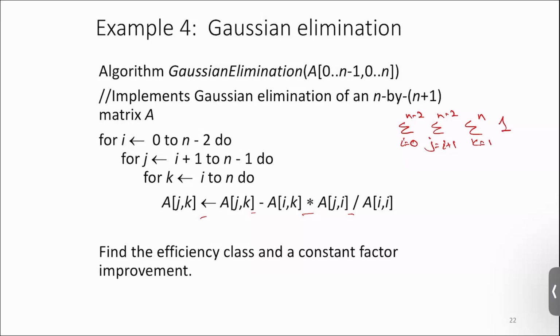All are constant operations done one time. Now, you have to verify whether it is O of n cube or not, because we have already seen that by just looking at the three loops, you cannot decide whether it is cubic or not. You have to solve this sum equation to figure out whether it is really cubic or not, quadratic or not, or whatever class it falls in.